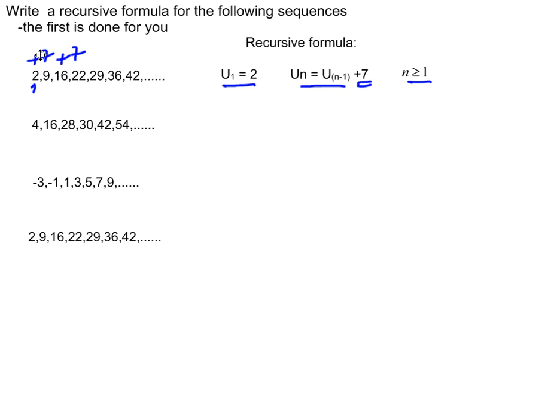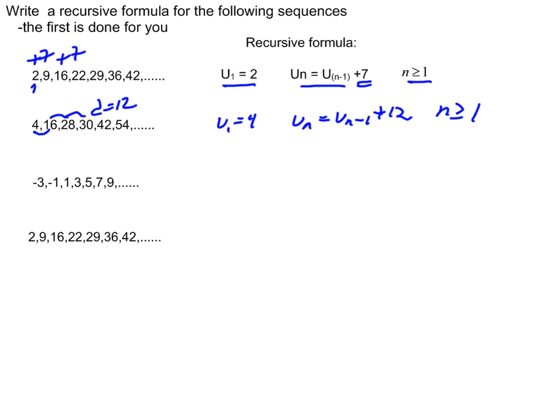Let's take a look. For the next sequence, U sub 1 is equal to 4. We see that it is going up by 12 each time, so that common difference is equal to 12. So U sub n is equal to U sub n minus 1 plus 12. And again, n is just going to start at 1 and go up.